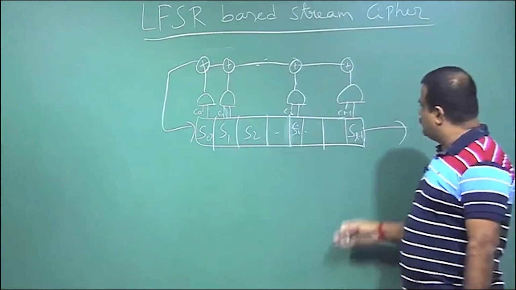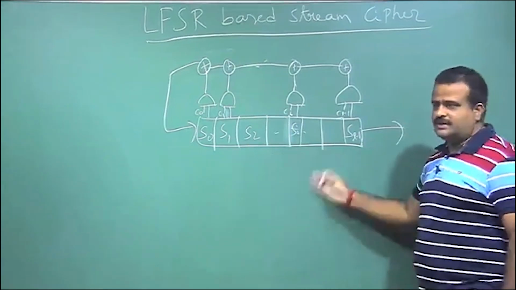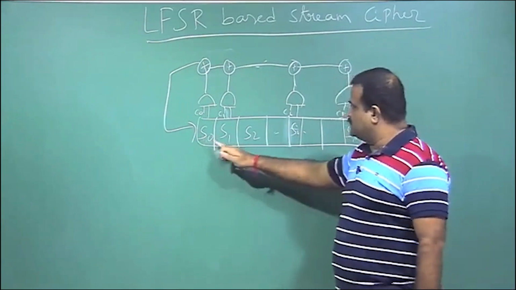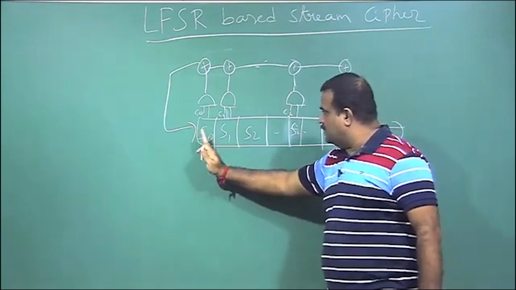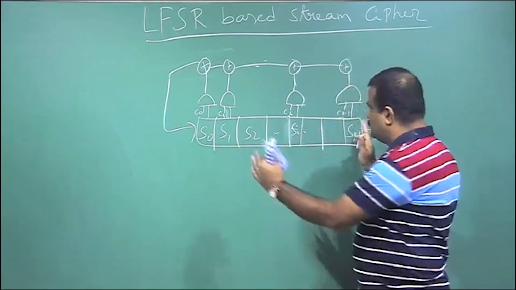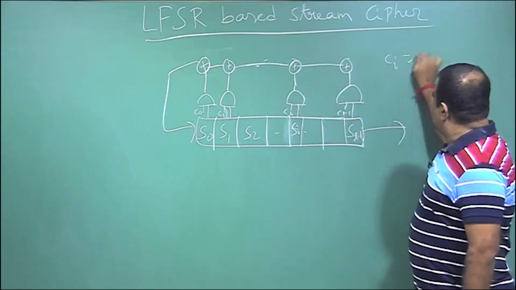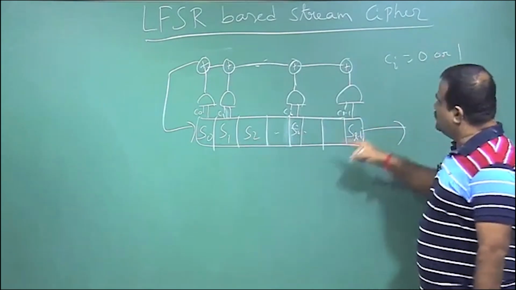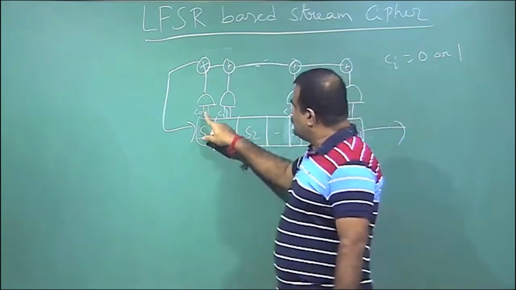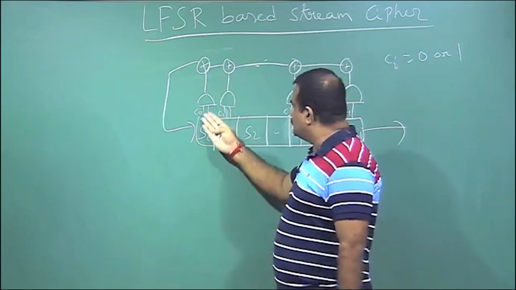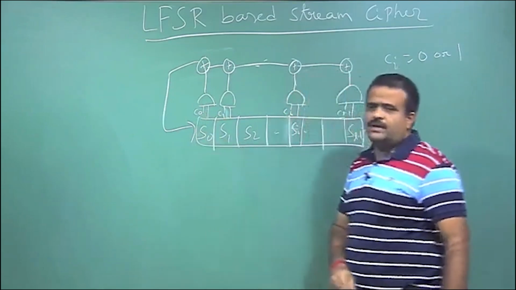These are L bit flip flops, an L bit register, and we call these the state: the 0 state, 1 state, and so on. Now these Ci are either 0 or 1. If Ci is 0, then whatever the value is over here, it will not contribute, so that corresponding bit is not contributing in the feedback.